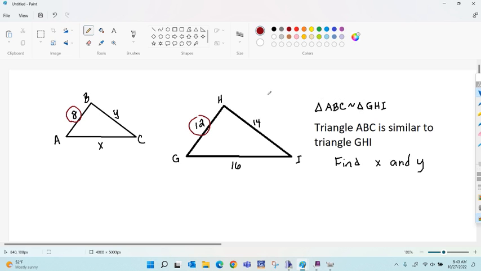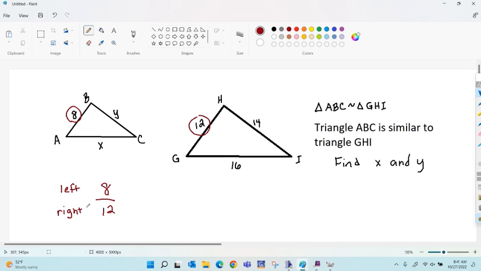So if you want to know the one that goes with AB, the letters are in the right order so they match up as well. So 8 and 12 go with each other. I can make a ratio out of 8 and 12. So 8 is from the left triangle and 12 is from the right triangle.